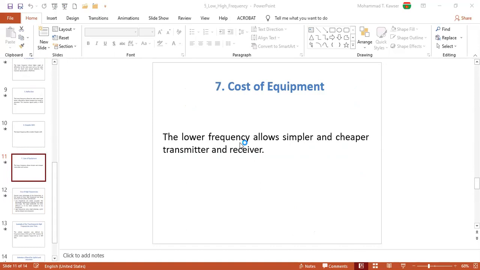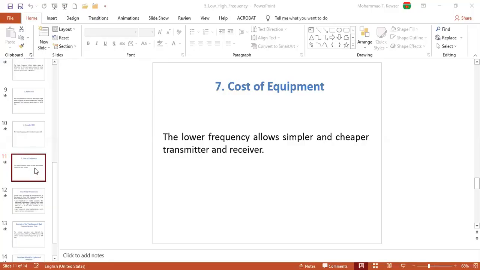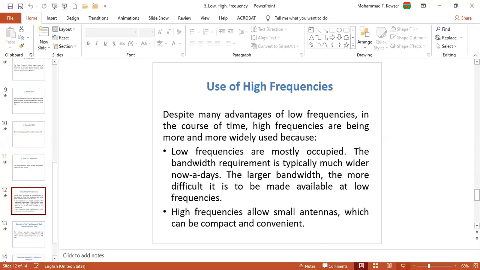Do you see the slide, use of high frequencies? Give me a second. Okay, now you see use of high frequencies. Do you see? Yes, sir.